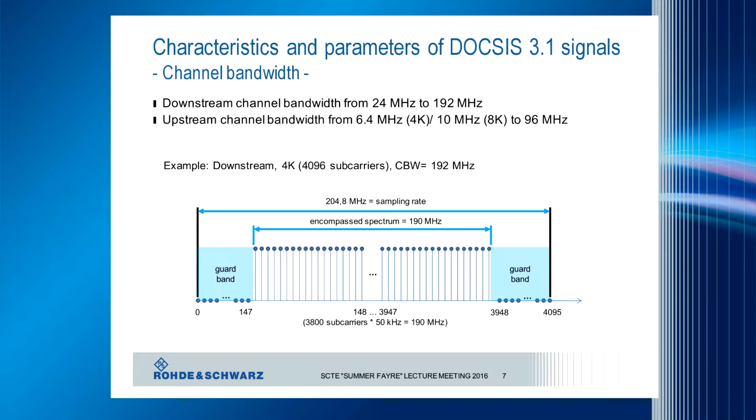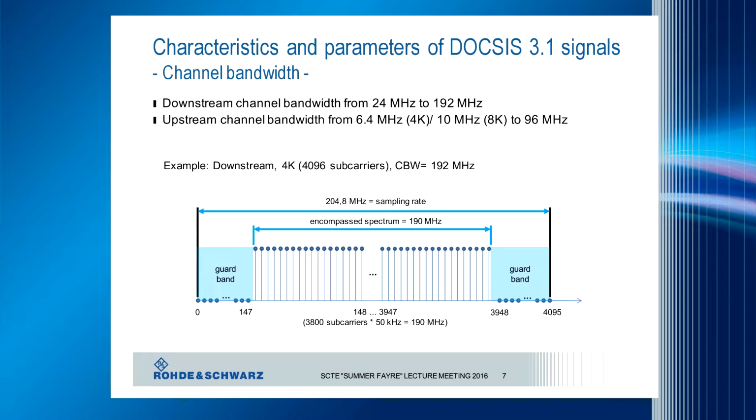And here you can see, of course, that in the transmission not all carriers are used for data and other things. So we have defined certain guard bands on the lower end and the upper end. And here in the middle, you can see the group of used carriers, with 192 megahertz.